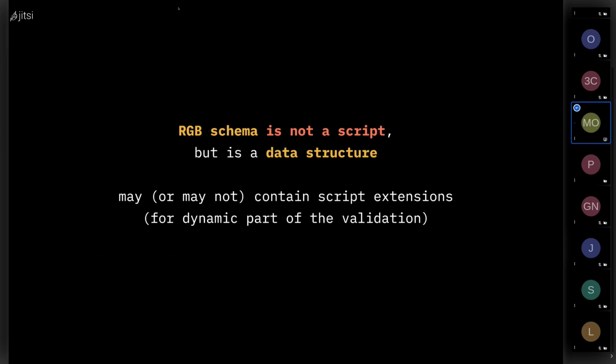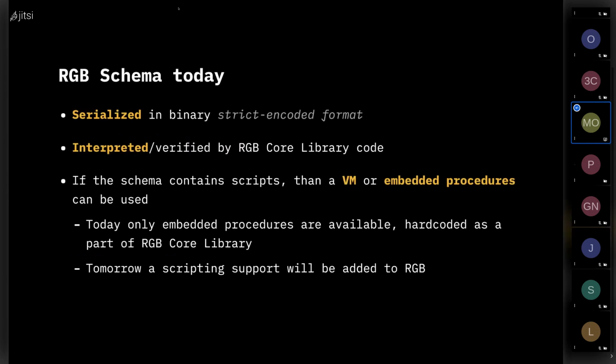It is a data structure defining the rules for structuring data in an RGB smart contract. However, the schema as a part of itself may contain script extensions and script components for the dynamic part of the validation, which I just described.